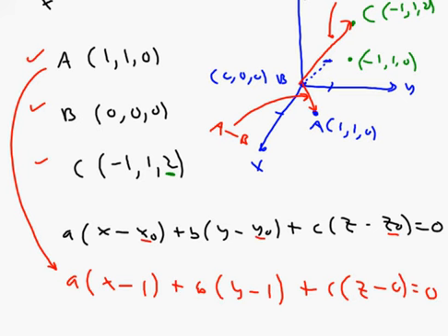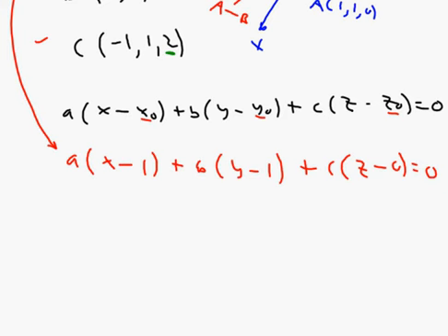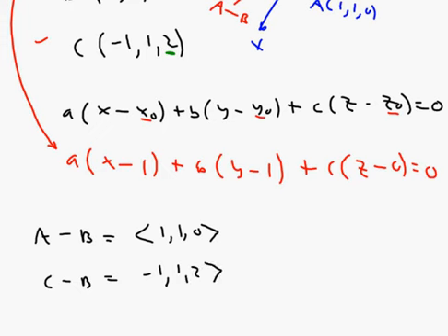So in this example, we sort of luck out, because when we go to subtract these to make the vector from B to A, if I do A minus B, since B is 0, 0, 0, it's just the coordinates of A. They become the components. So what we have here is A minus B is equal to the vector 1, 1, 0, and C minus B is equal to the vector negative 1, 1, 2.